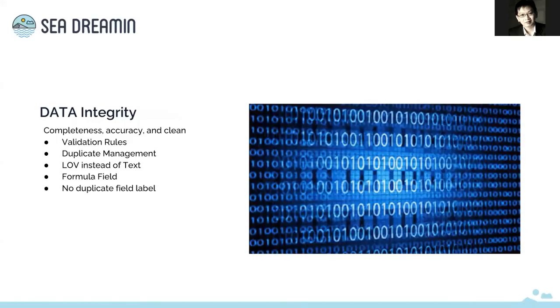Next, data integrity. Your users are not just the data entry users, but also from management, the reporting guy, or other departments. Make sure your data is complete, clean, accurate. Validation rules are important to make sure the data is clean.